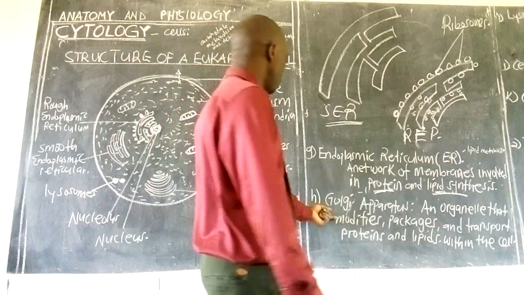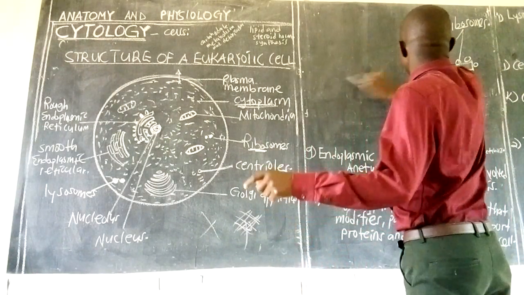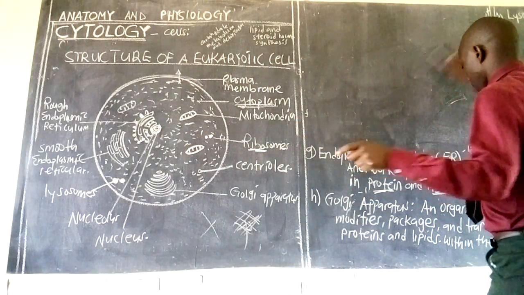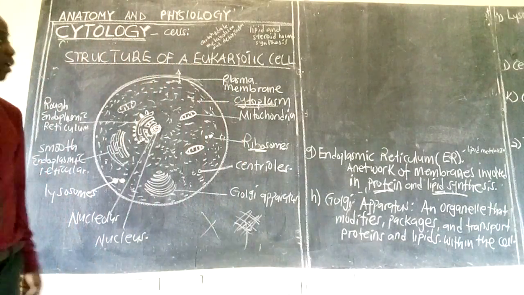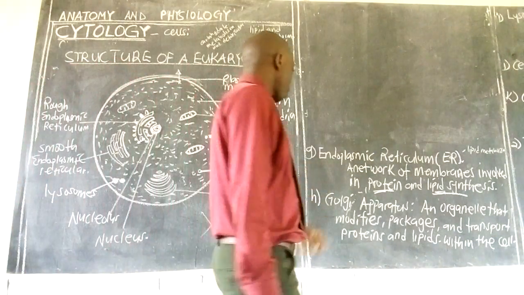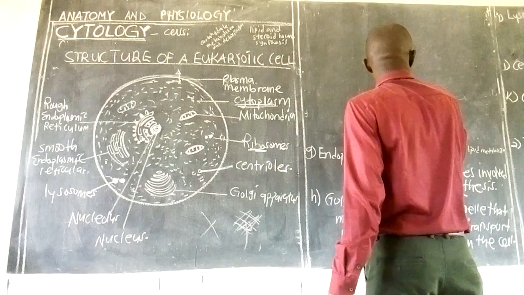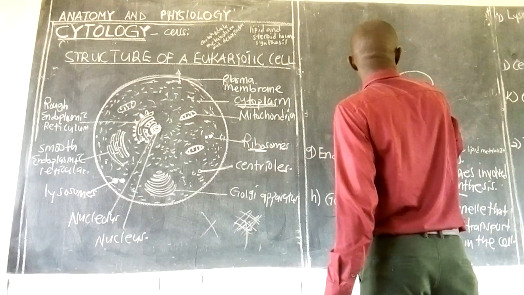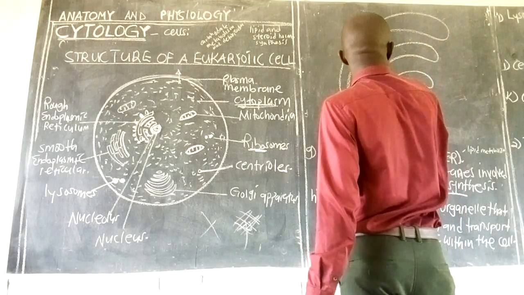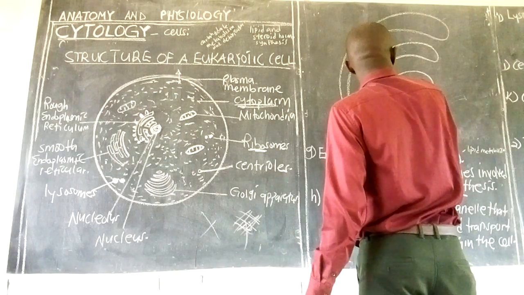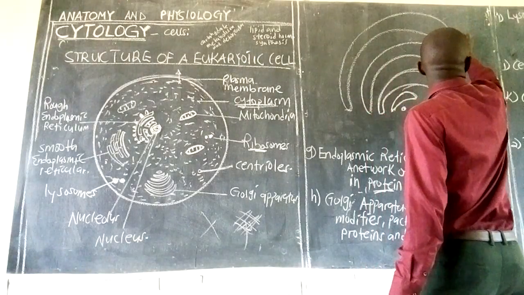So the next organelle we are going to see is the Golgi apparatus. This is how it looks like. It has coils of cells running from in to outside.